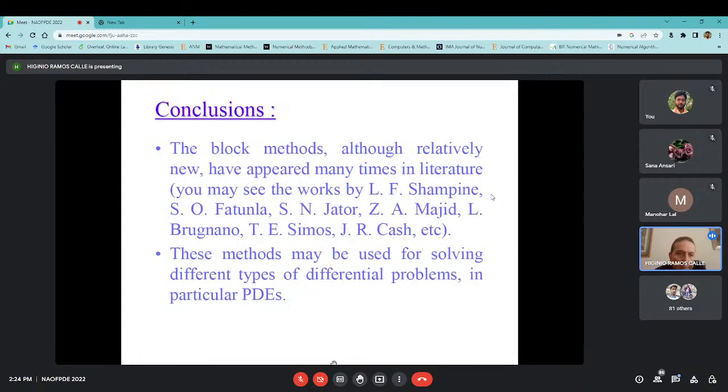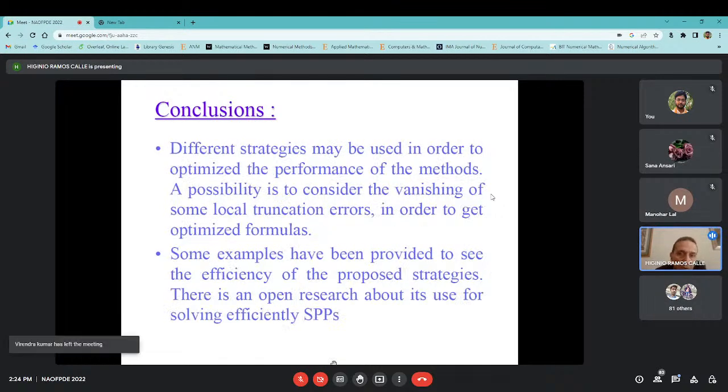So the conclusions: the block methods are relatively new, but they have been used by many people for solving different kinds of differential problems. And when you take intermediate points, you have to optimize these values, because in this way you obtain better results. And this can be done considering the local truncation errors in order to optimize the formulas.